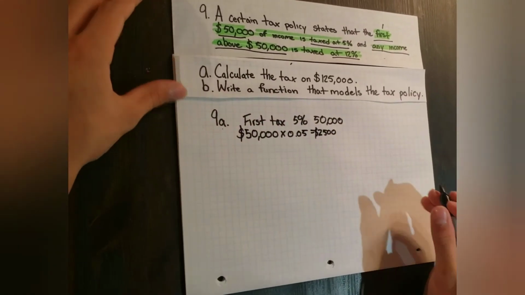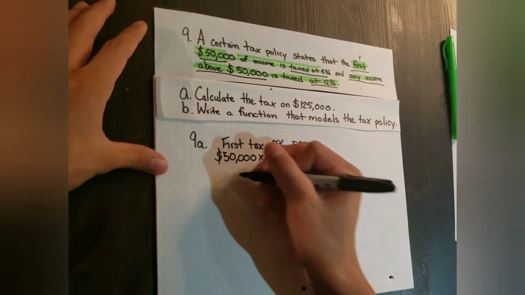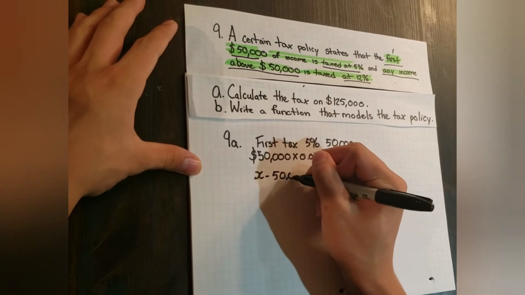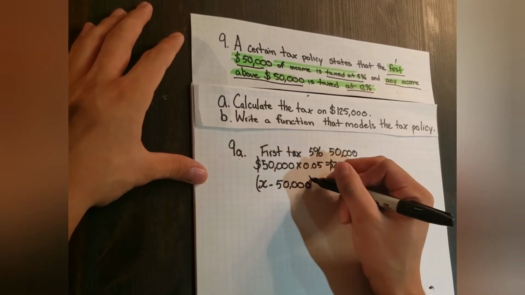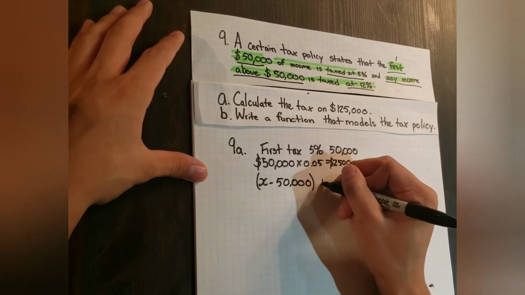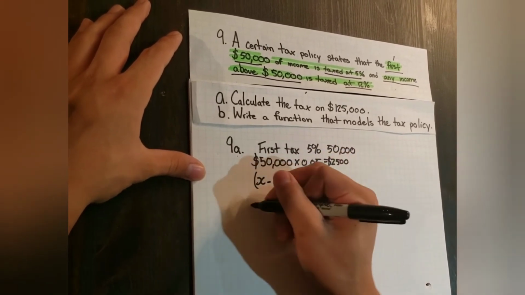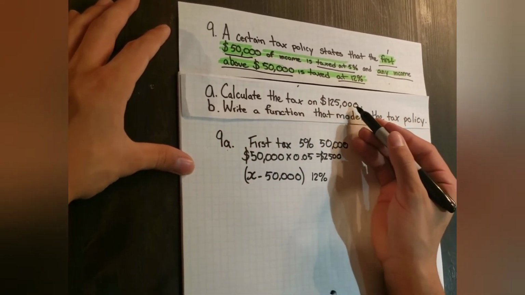And for the second part, what we're going to do is use our previous equation, x minus $50,000 multiplied by 12%. In this question, x is $125,000.